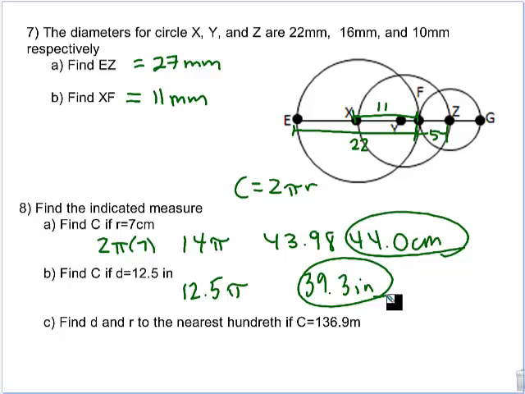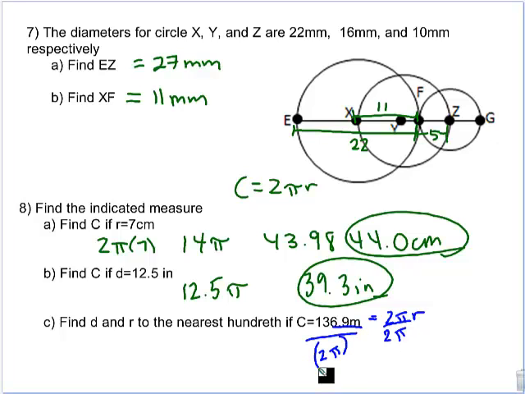Last but not least, we want to find the diameter and the radius, so D and R, to the nearest hundredth if the circumference is 136.9 meters. Well, what's our formula? Circumference is 2 pi r, so 136.9 should equal 2 pi r. How would you get your radius alone? Divide by 2 pi?